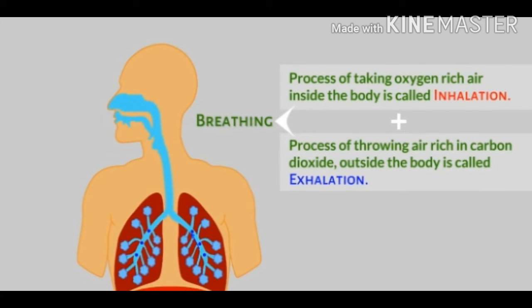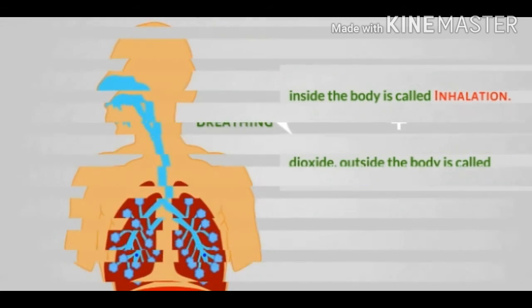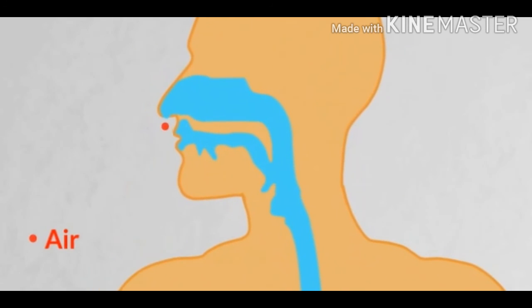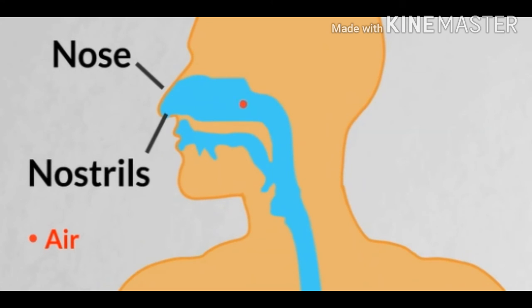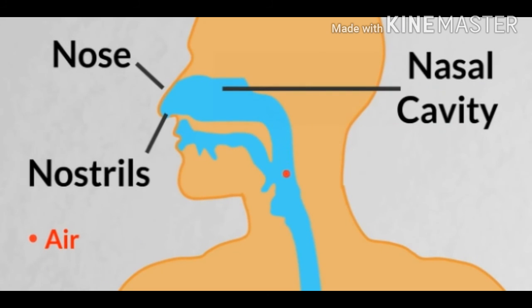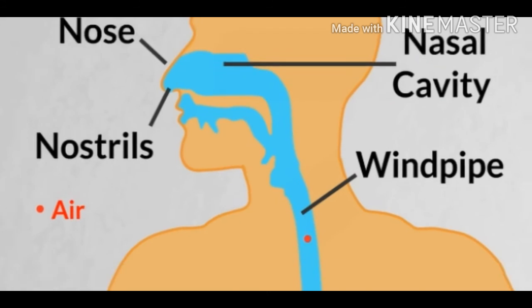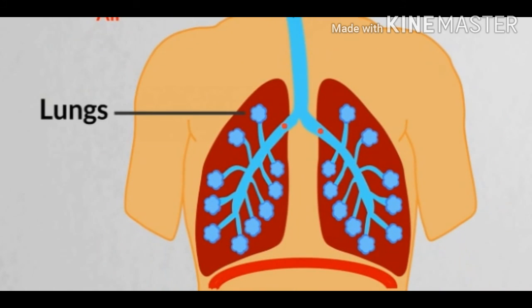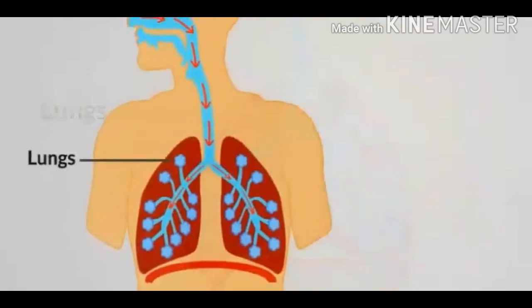Let's now understand how breathing takes place. Air enters the body through the openings of the nose called nostrils. It flows through the nasal cavity, enters the windpipe, and then gets filled in the lungs. This is inhalation.